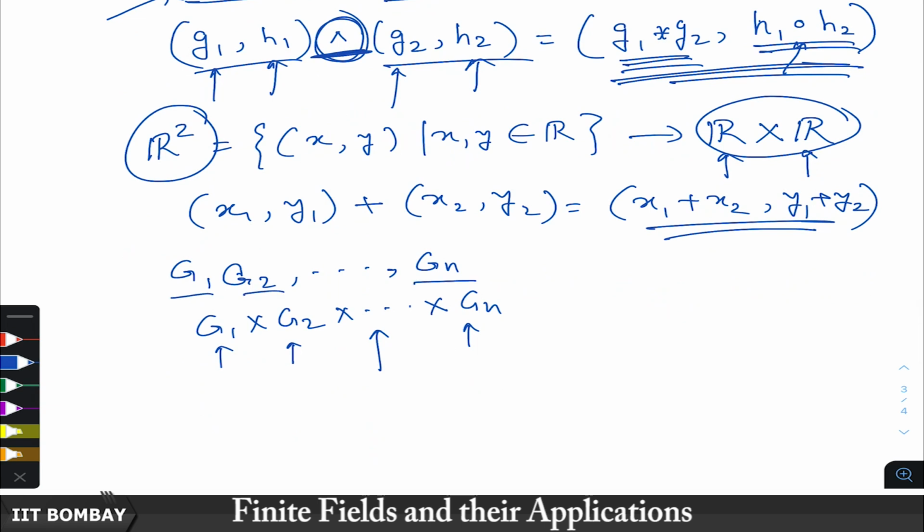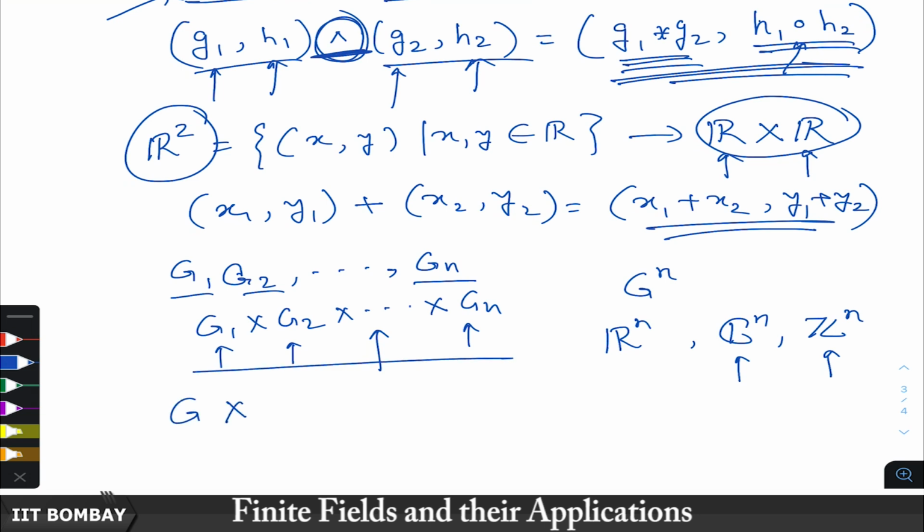Now, if the groups are the same, then you say that it is G^n. G^n is the direct product of G with itself n times. And so, indeed we are familiar with Rn, Cn, Zn and all these things. So, for any set power n, we naturally define operation in those sets by doing component wise operation. So, this is the direct product.